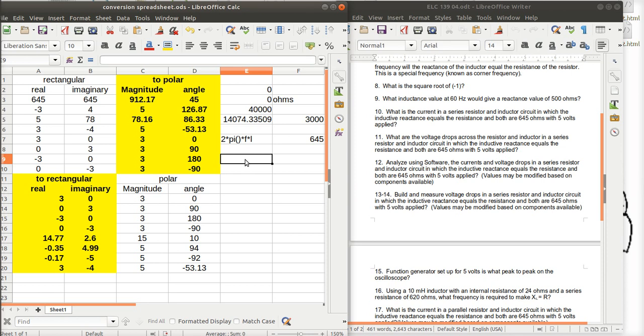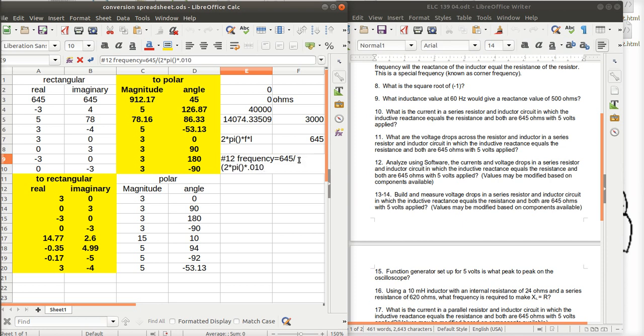Or number 12. So number 12, and this is another reason I like using spreadsheets, so I can put notes in here. Number 12 frequency. Okay, so that would be equal to 645 divided by 2 times pi times my inductor, 0.010.